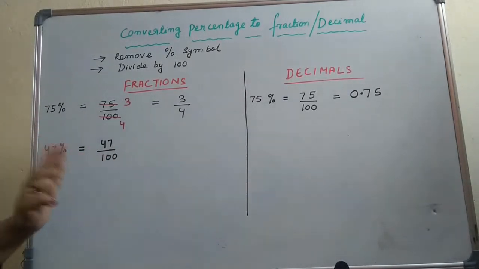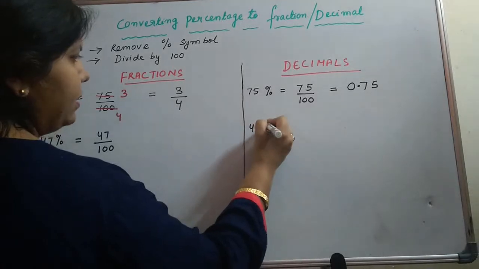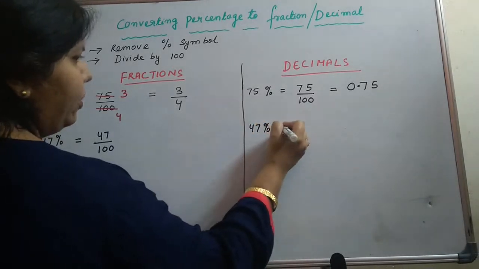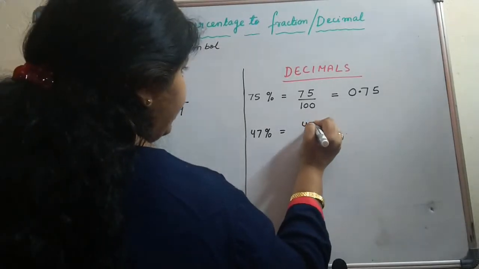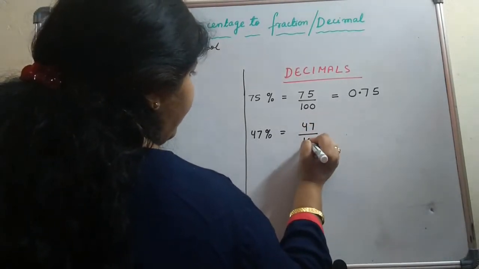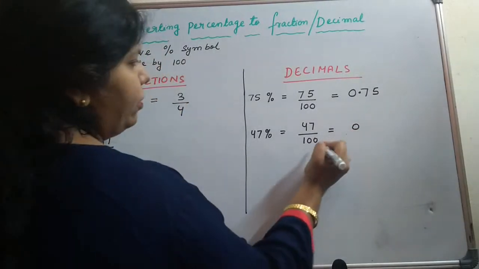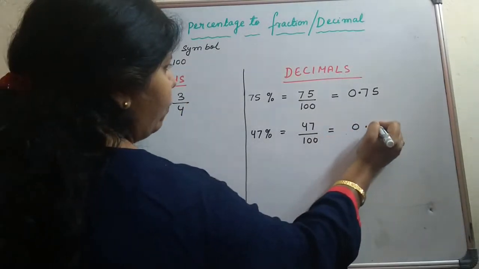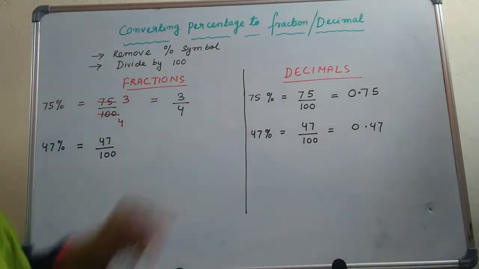So let it be as it is, 47 by 100. Now we will convert it into decimal form. 47%, if you convert it into decimal form, it will become 47 by 100, that is equal to, the same way you convert into decimal, 0.47. So this is your answer.